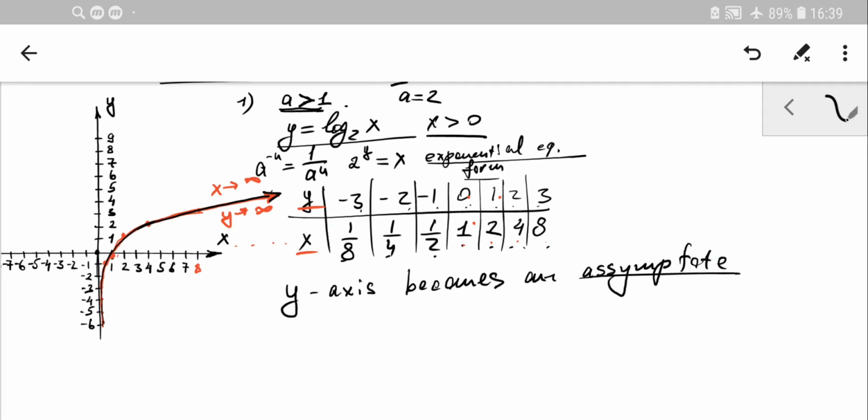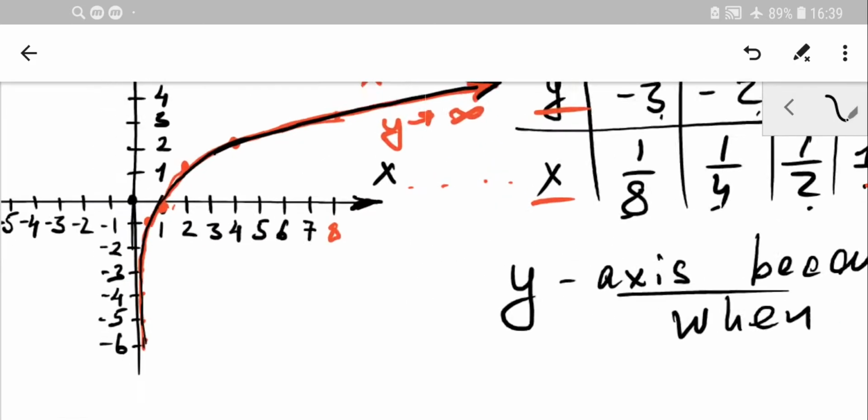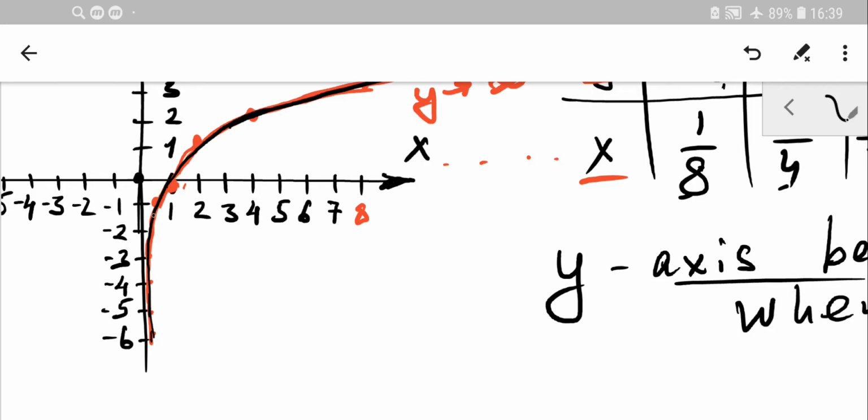This is the line that your graph approaches when x tends to some value. In this case, the y-axis becomes an asymptote. It occurs when x tends very close to 0, and you see that your graph is very, very close to your y-axis.